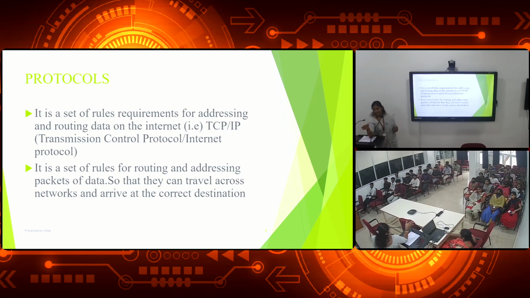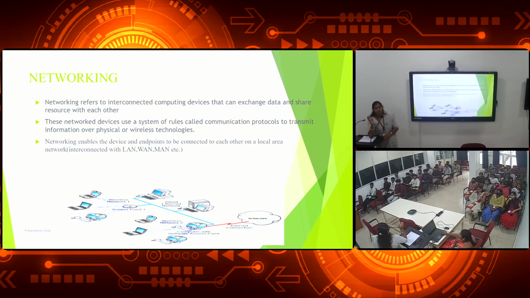So next, some more protocols are there. Another two important protocols and then we'll go to networking. The other one is FTP, called File Transfer Protocol. What is the use of this FTP? It transfers data from one person to another person.